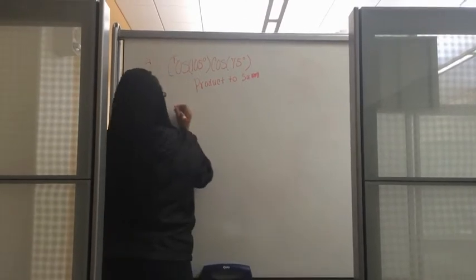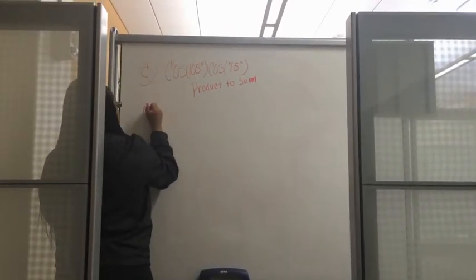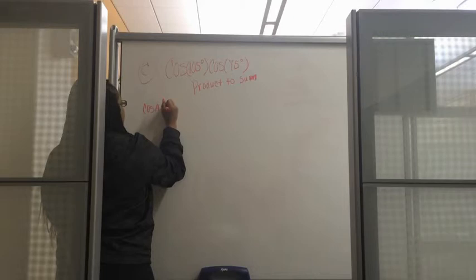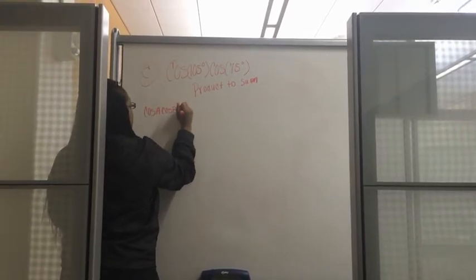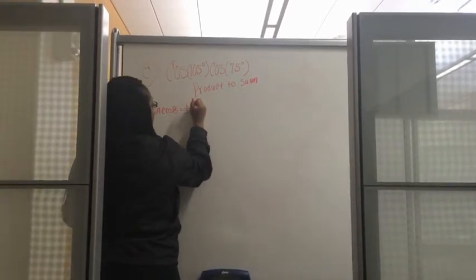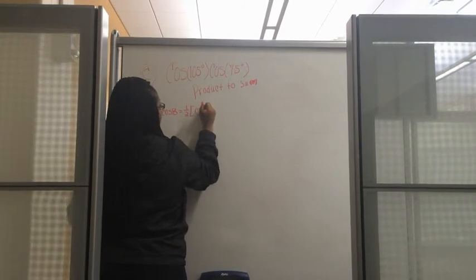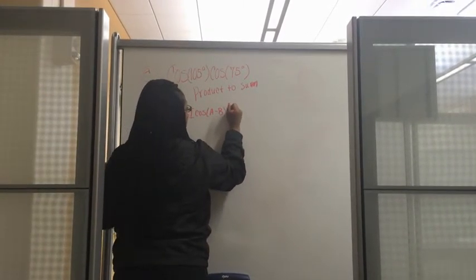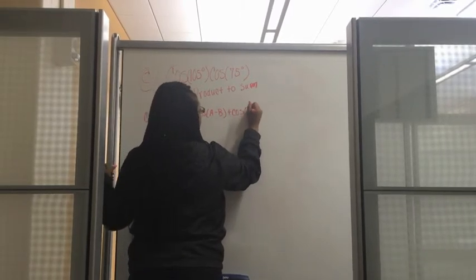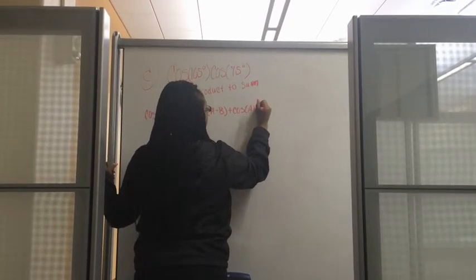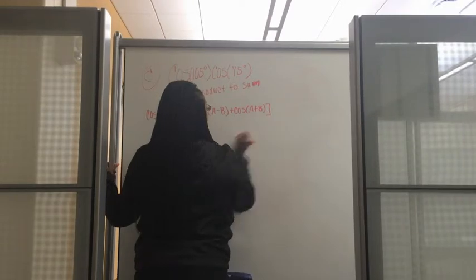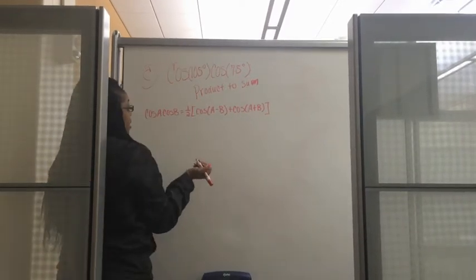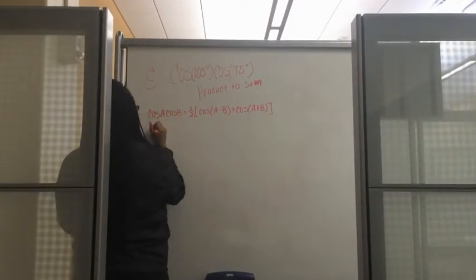So that was cosine A cosine B is equal to 1/2 cosine A minus B plus cosine A plus B.